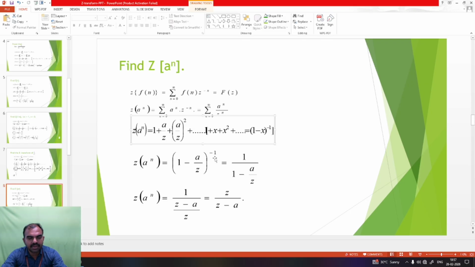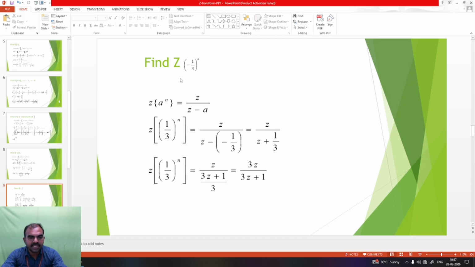So power of minus 1 means we will take the reciprocal of that. So 1 by 1 minus a by z. So take the LCM z. So multiply z here, z minus a by z. So 1 by z minus a by z. So take the reciprocal, we get the answer z by z minus a. So what is z of a power n? z by z minus a.